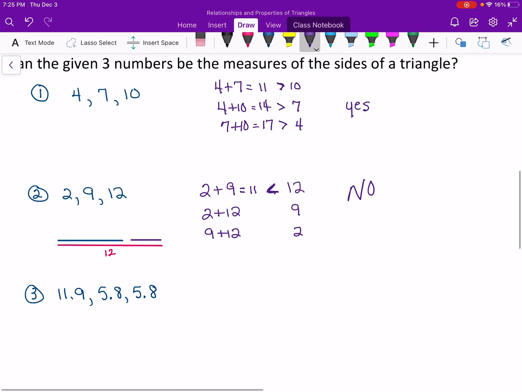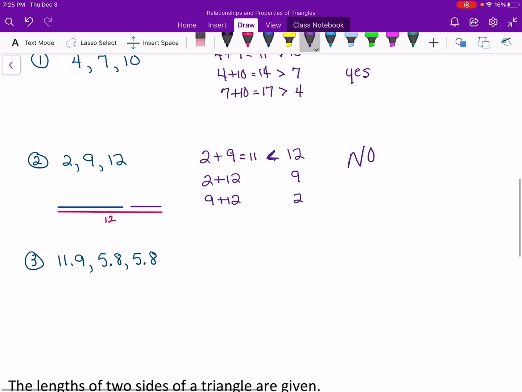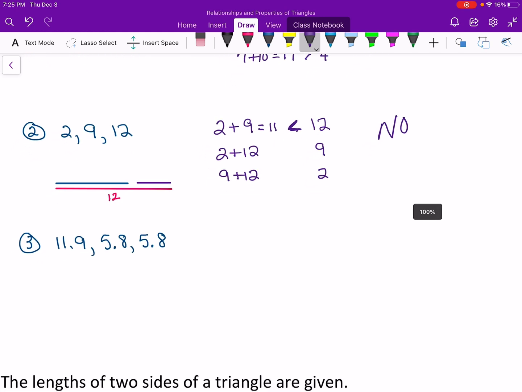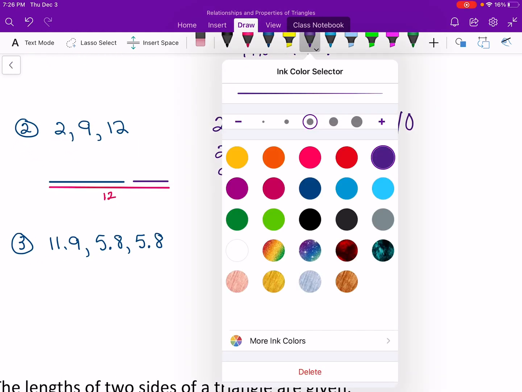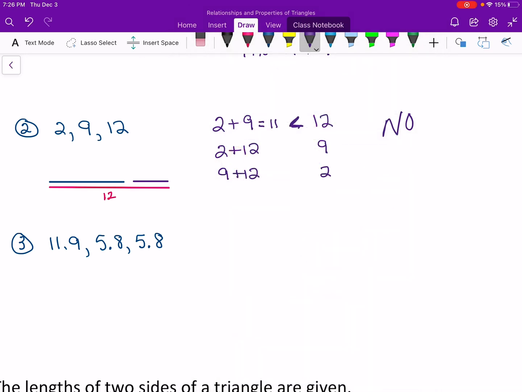Let's try one more. Let me write the combinations first. So we're going to add the 11.9 and the 5.8, and we're going to compare it to the 5.8. Then a second combination is 5.8 plus 5.8, and that needs to be greater than 11.9.